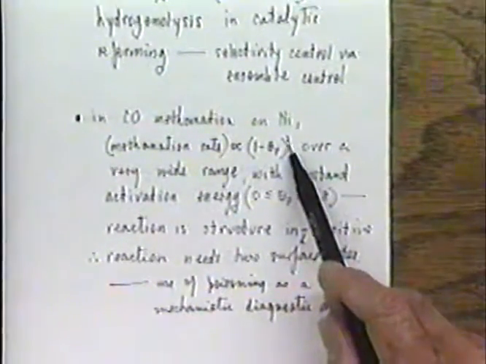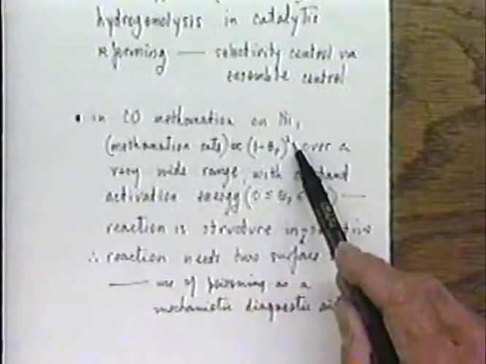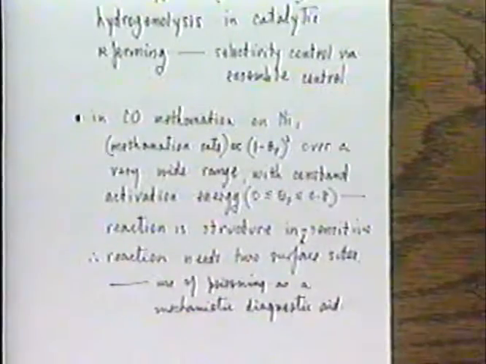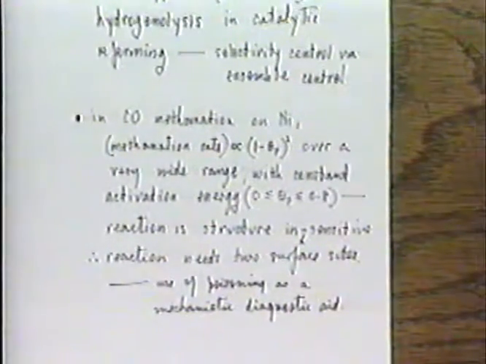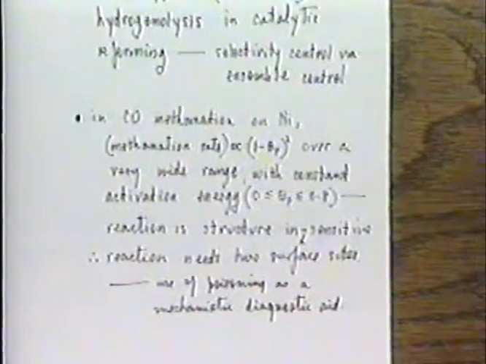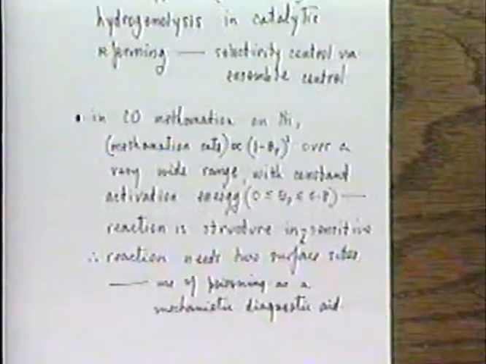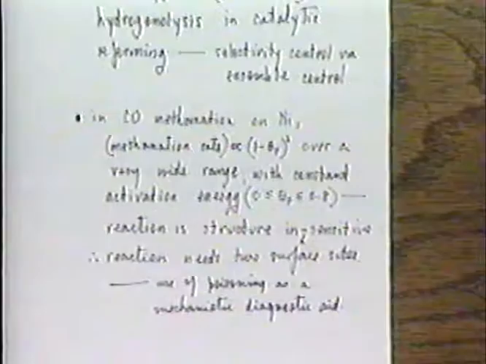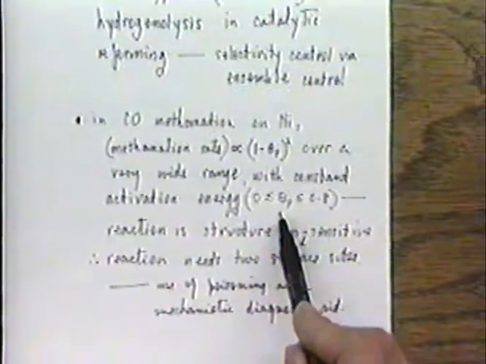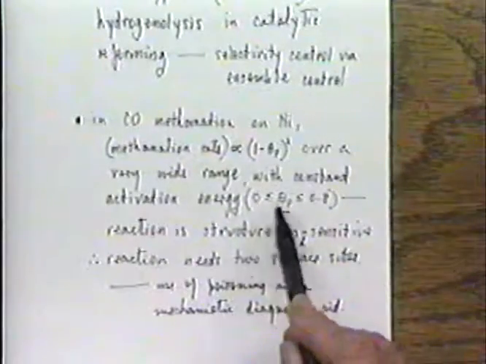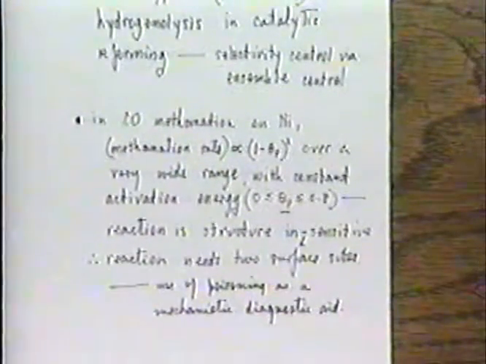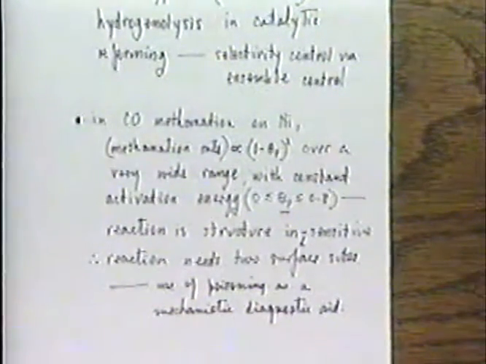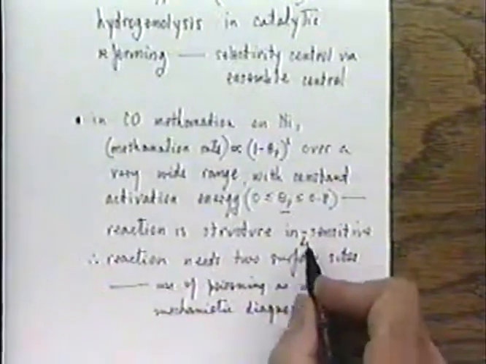The fact that it's squared suggests anyway that the rate controlling step involves two free sites, and the fact that the reaction rate follows that law over quite a wide range of fractional coverage by poison, from 0 to at least 0.8, suggests that the reaction is insensitive.